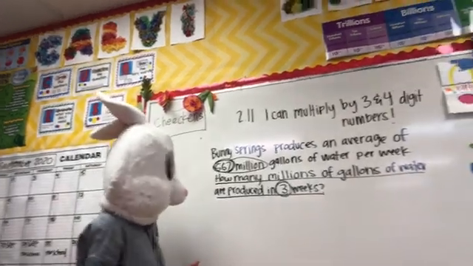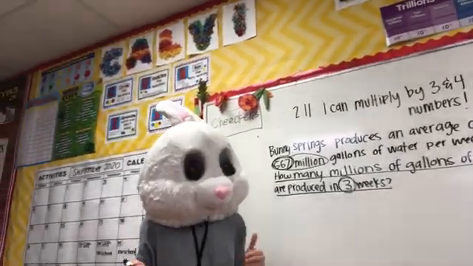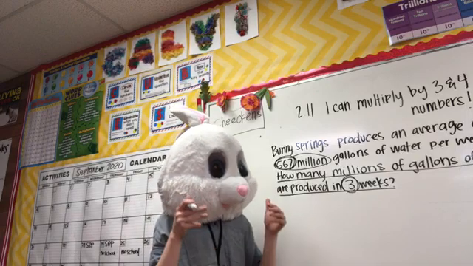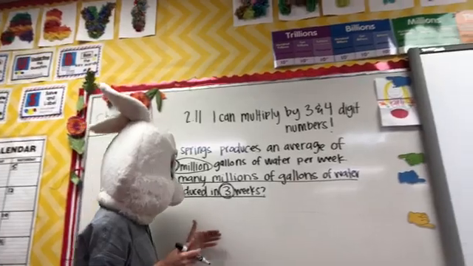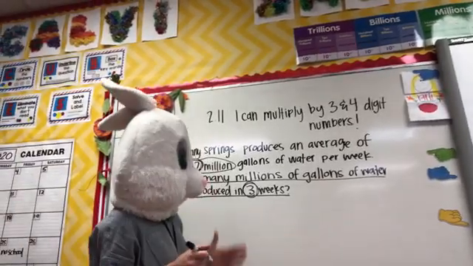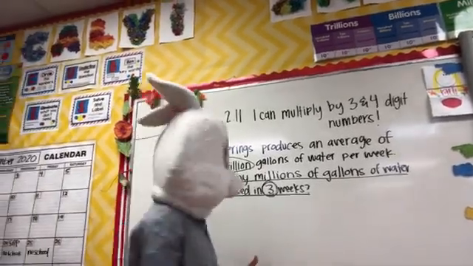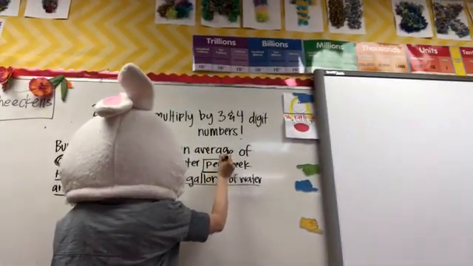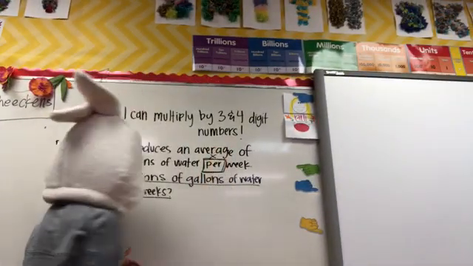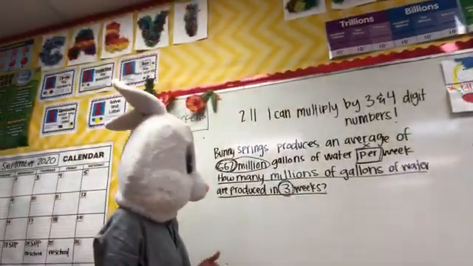All right. Next, we got to find that word that tells us that we need to either add, subtract, divide, or multiply. So in here, if you look, the word that tells us to multiply almost always is per. Okay, sometimes per can mean divide, but normally means multiply, okay?